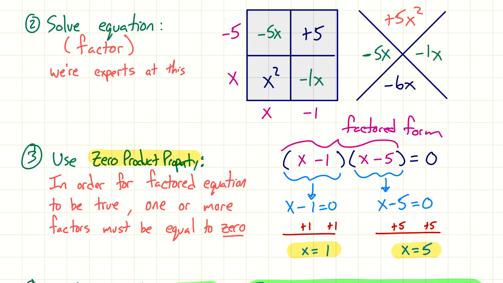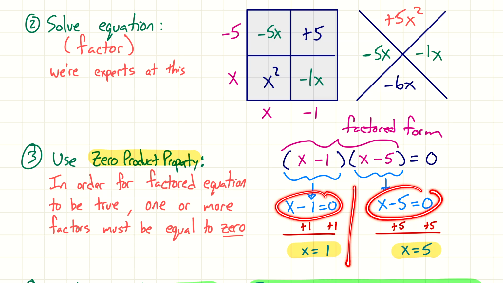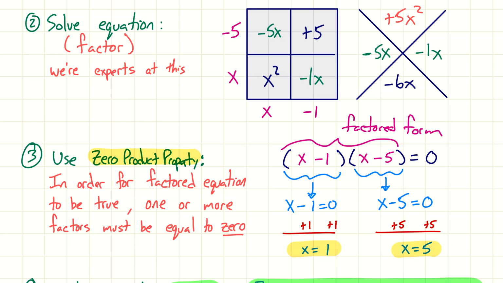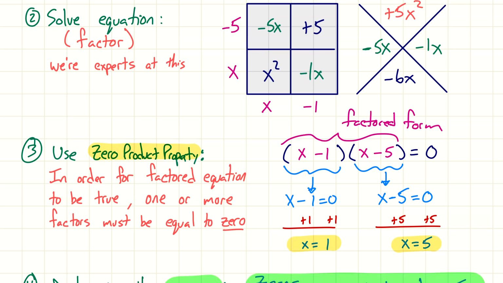So now, instead of this complicated equation to solve, I split it into two simple equations, which should be easier to solve. If I add 1 to both sides, I get my answer, x equals 1. If I add 5 to both sides, I get x equals 5. And that's it. That's what the zero product property lets us do.